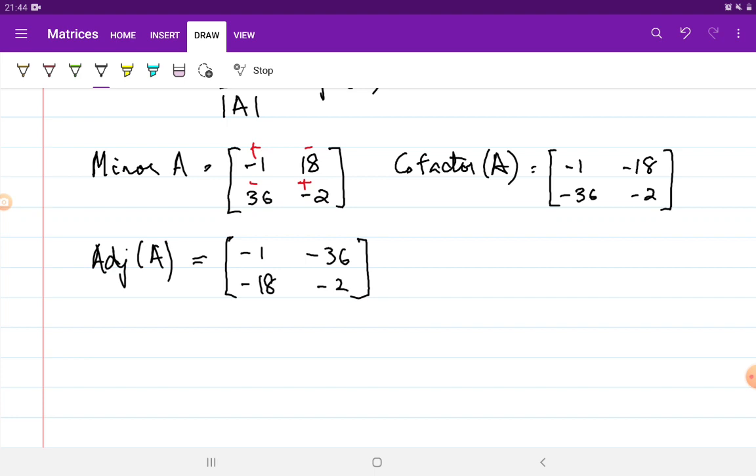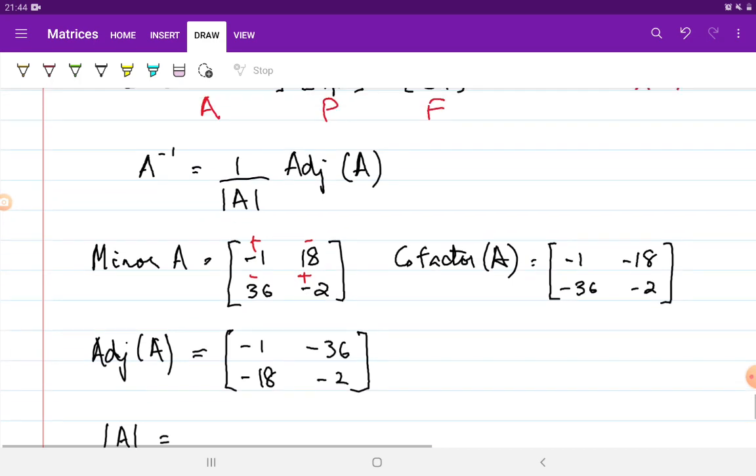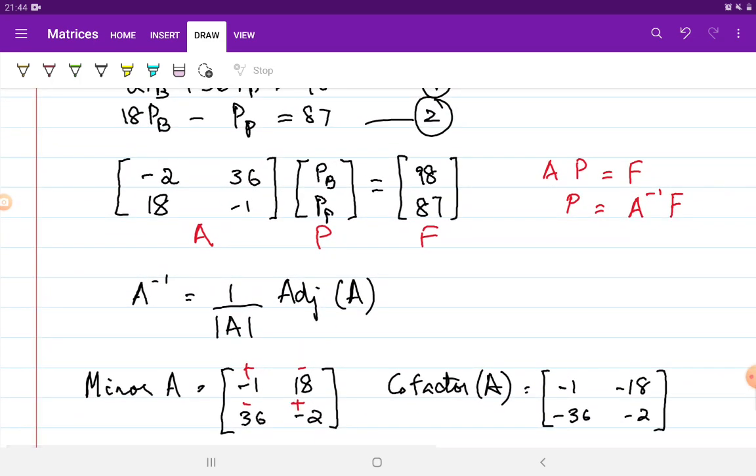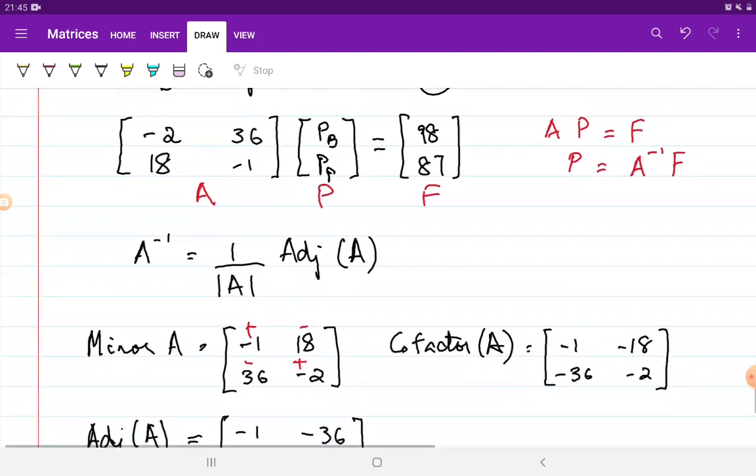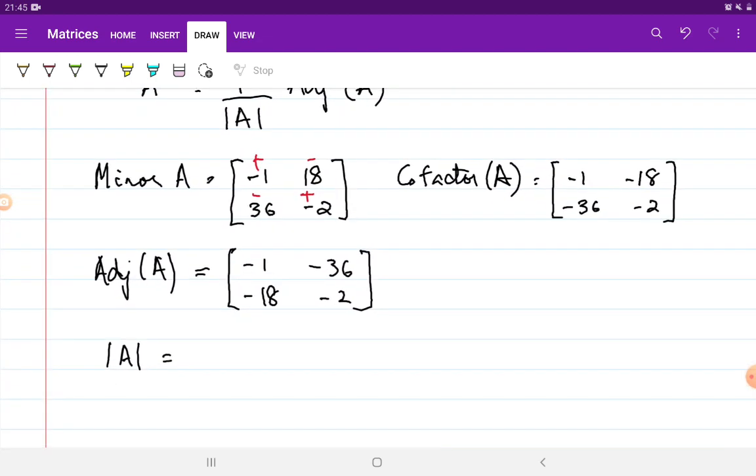I also need to know the determinant of A, and since it's a 2 cross 2 matrix, it will be minus 2 into minus 1 minus 18 into 36.